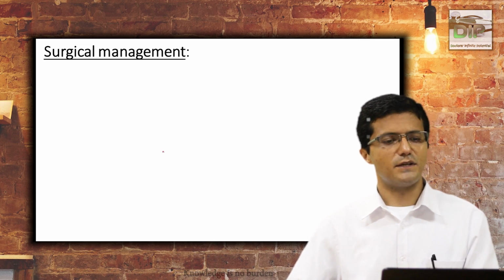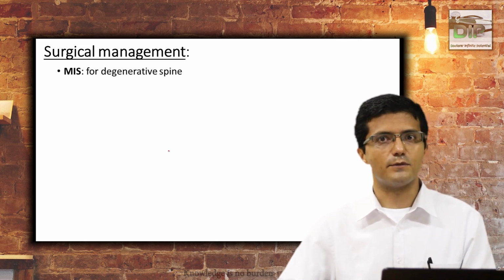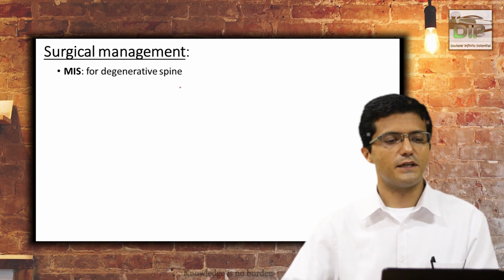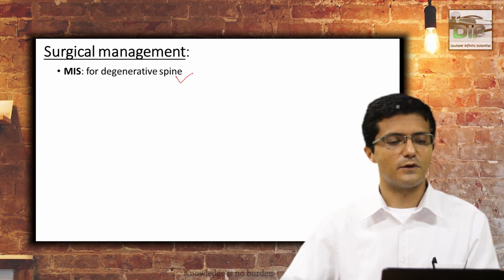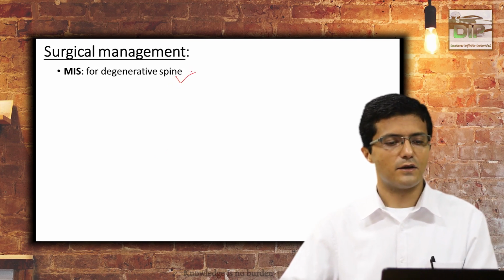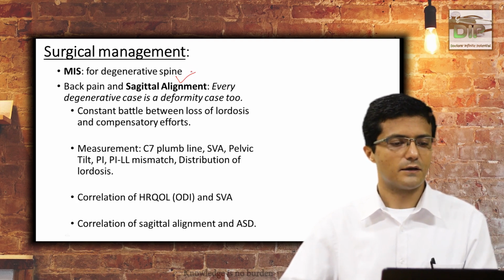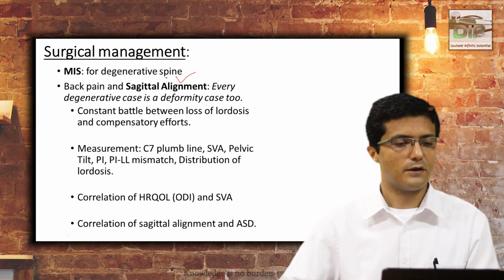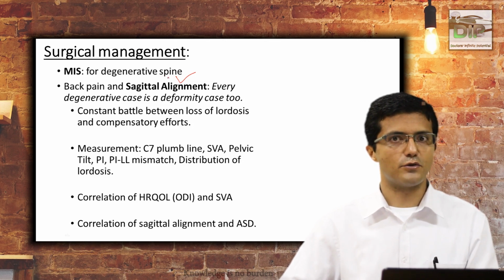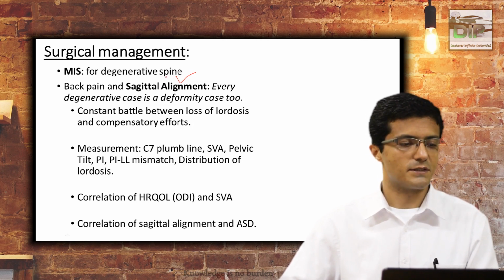The surgical management these days mostly involves minimally invasive surgery for the prolapsed intervertebral disc or degenerative spine, where we decompress through a small keyhole approach and decompress the nerve root and reduce the pain in these patients.